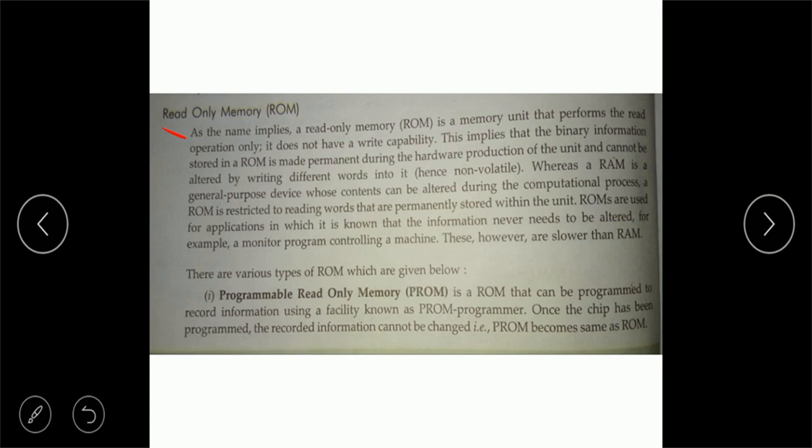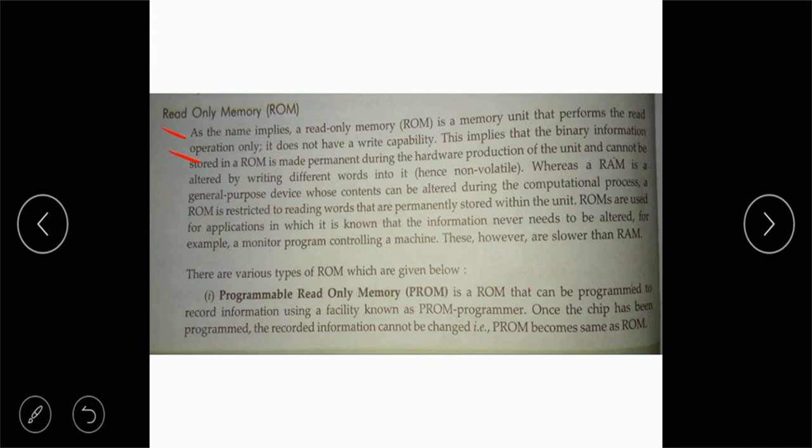That's why it does not have a write capability. This implies that the binary information stored in a ROM is made permanent during the hardware production of the unit and cannot be altered or changed by different actions or by different words. Hence, it is non-volatile. Non-volatile means the data is not lost at all. Whereas if you compare RAM, then from the RAM data is always lost.